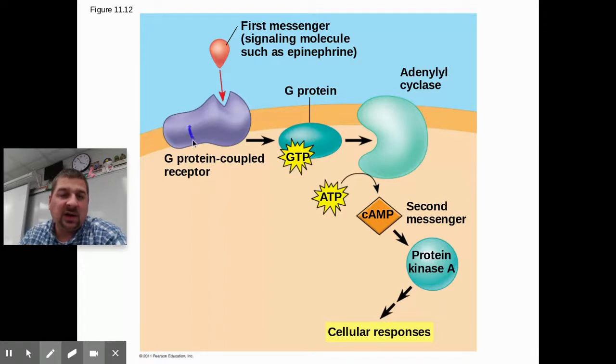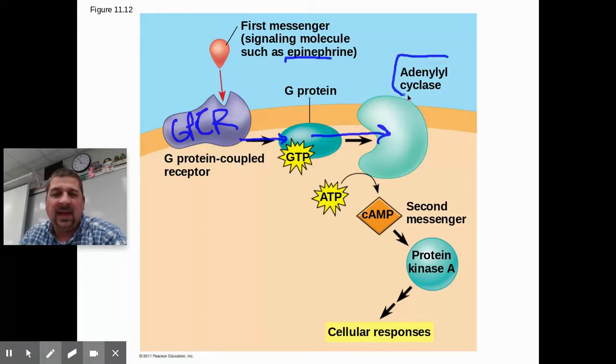So here's our GPCR, our G protein coupled receptor. Here comes a ligand such as epinephrine. That's going to allow GTP to activate the G protein. The G protein is going to slide across the membrane and activate adenylyl cyclase.